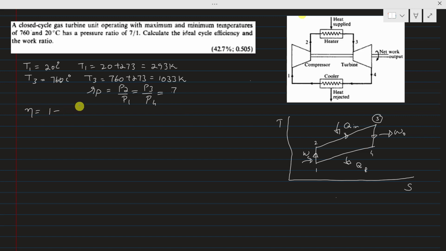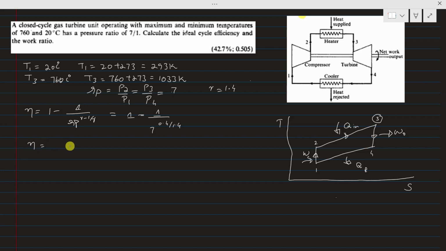Next, to find its efficiency: efficiency is 1 minus 1 over rp to the power (gamma minus 1) divided by gamma. And what is gamma? The value is 1.4 for the working fluid in this case. So just put the values. What is rp? That is 7, so 0.4 divided by 1.4.